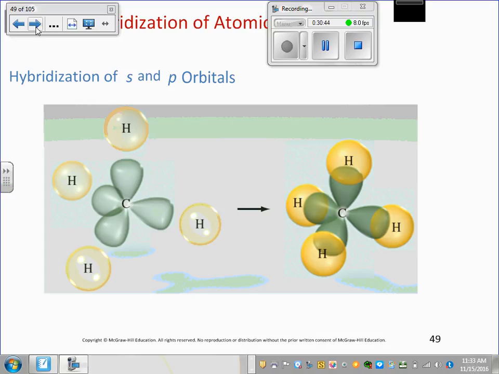So I can put an unpaired electron in the s, and an unpaired electron in each of the p's. There's only 3 p's, so I need 1 more electron. Where does it come from? The d. So sp3d has 5 unpaired electrons, and its geometry is trigonal bipyramidal.